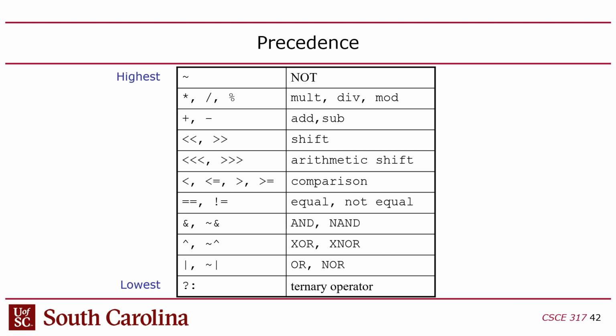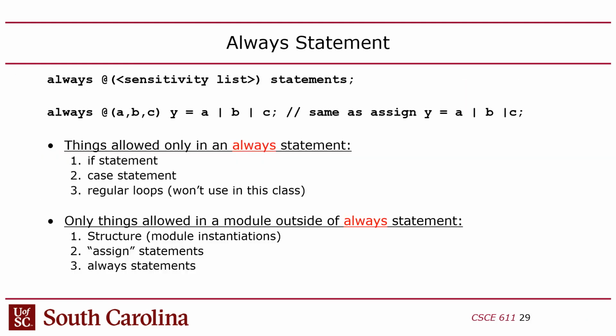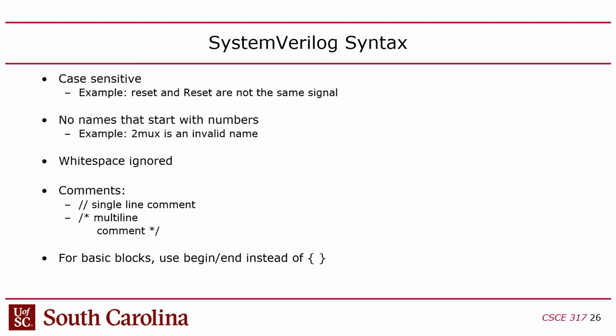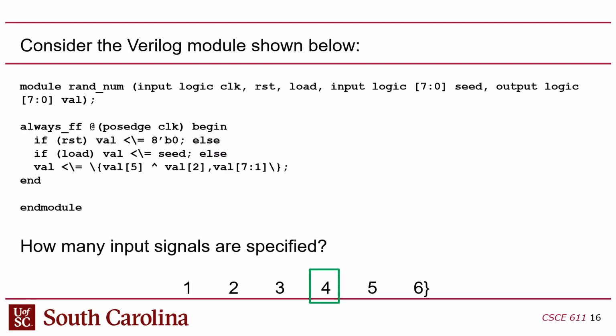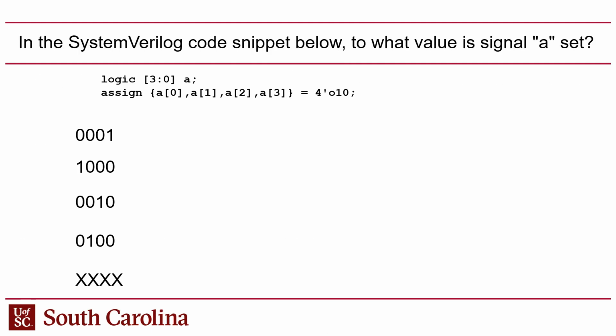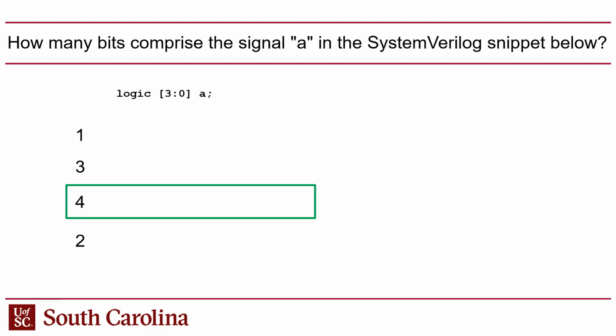So shift is above double equals, right? So the shift will happen first. It would have been easier to read with parentheses, but it's not technically needed here.